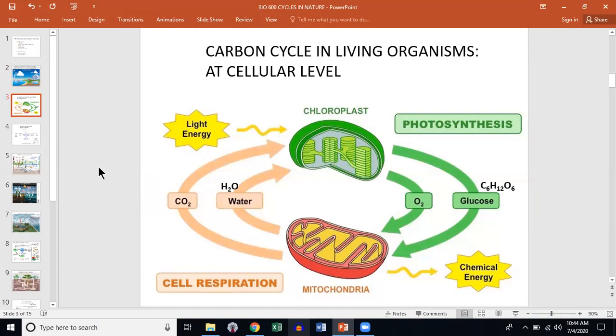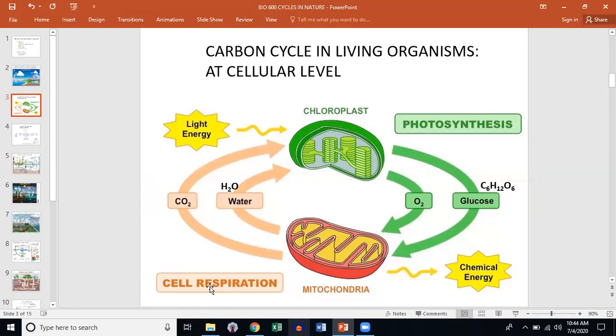So first, let's understand this natural cycle of carbon in nature, in living organisms, which is a back and forth between cellular respiration and photosynthesis, all right?